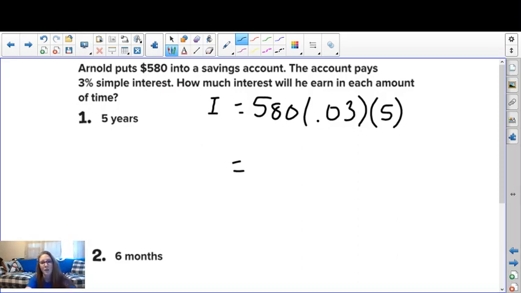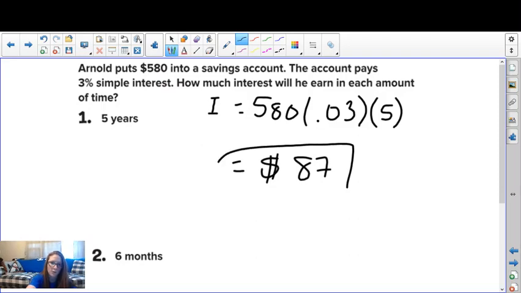Multiply those 3 numbers together. And you get $87. Which is like, man, that's not a lot of money, but this is where interest is not fun. It makes me have a sad realization of how much money I actually get.